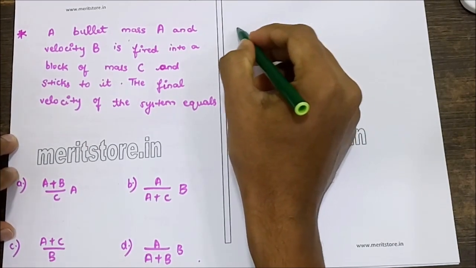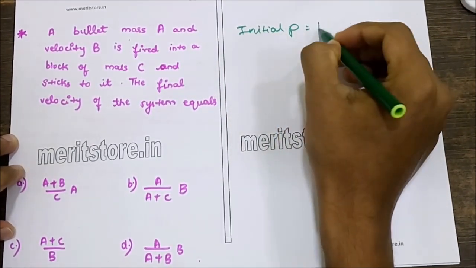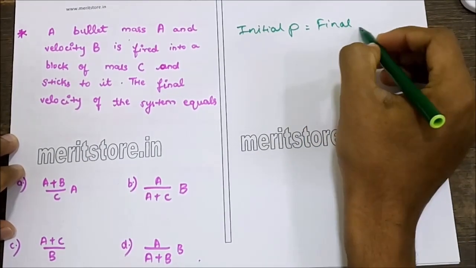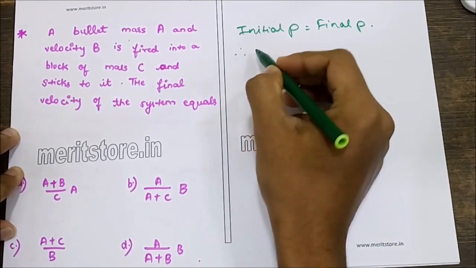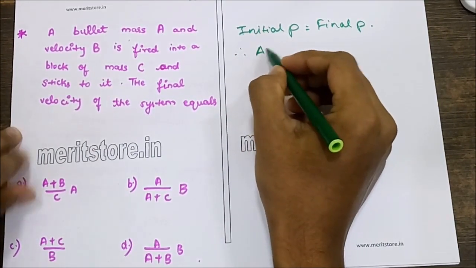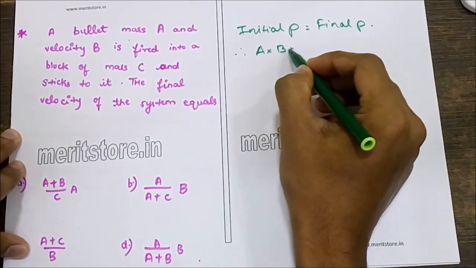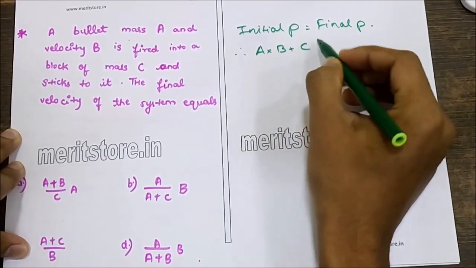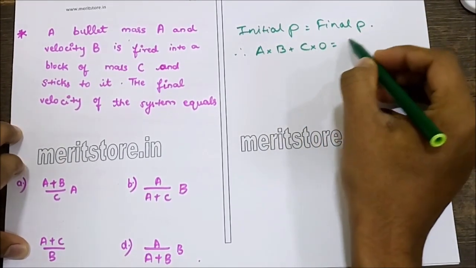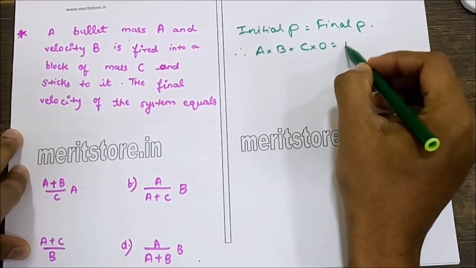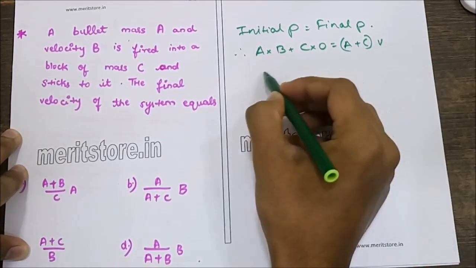Using conservation of momentum, initial momentum is equal to final momentum. Therefore, the mass a with a velocity b, having the second particle of mass c, which is stationary, therefore 0 velocity, and finally since they stick together, the combined mass a plus c moving with a velocity v.